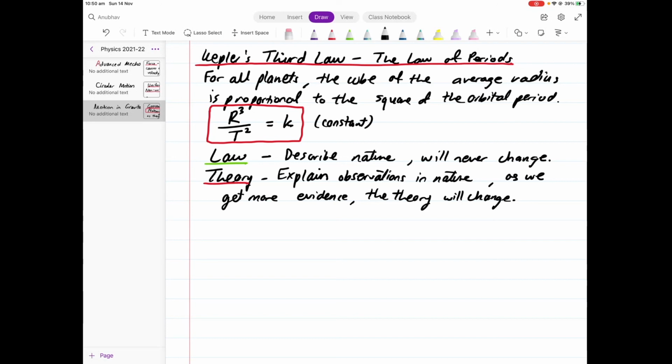They described what they saw in nature and said the Earth should be the center of the universe, or the planets go around the Earth. It works. The sun rises in the east, sets in the west. It all makes sense. It's only with further observations through the telescope that we're able to prove a theory wrong and say that, well, no, the sun is the center. Does that make sense? Yep. That's law versus theory.